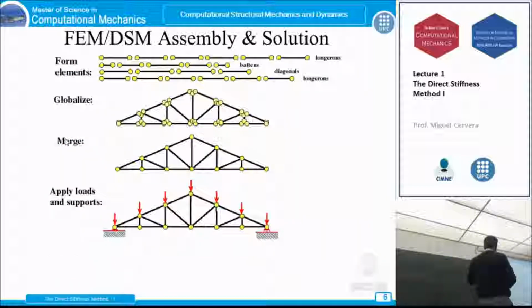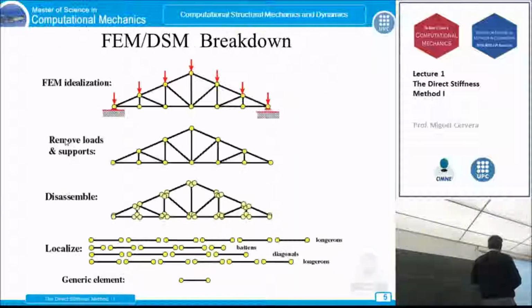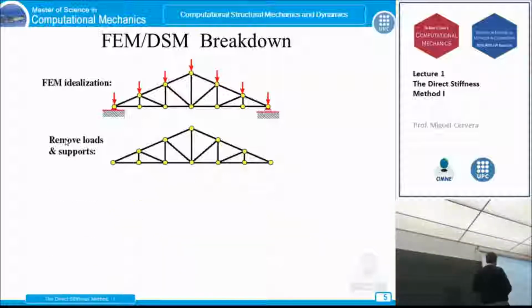Second, we remove the loads and the supports to be safe for later on. So we consider the structure floating in the air. This is what in our first courses we call the free body diagram. So we consider the structure floating in the air, without loads, without support, nothing.